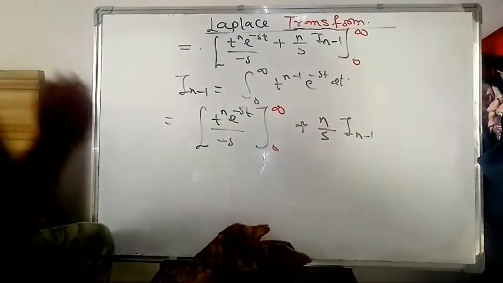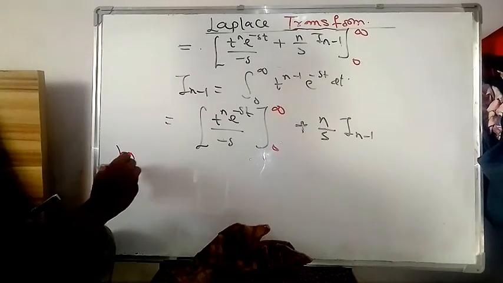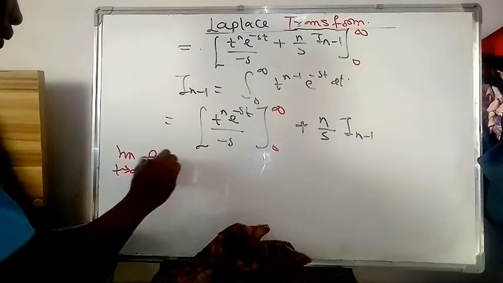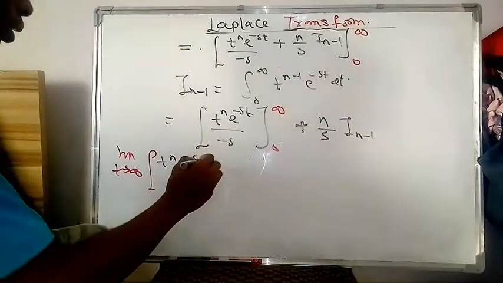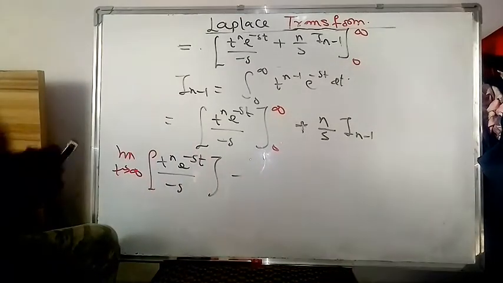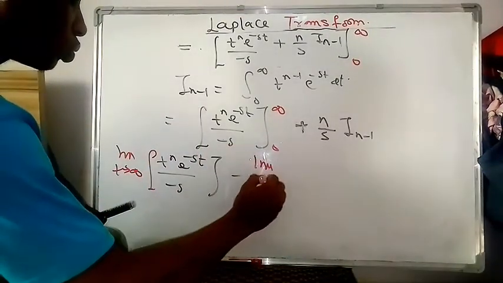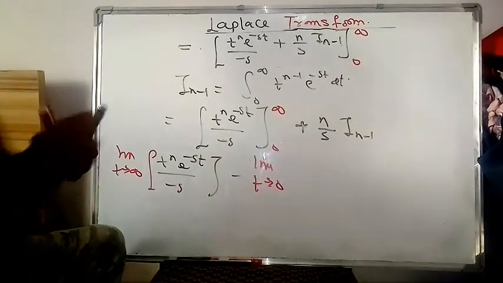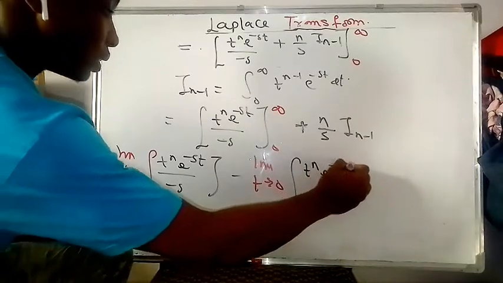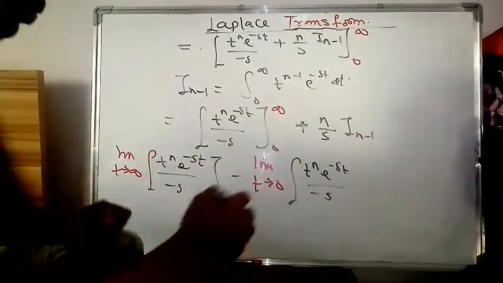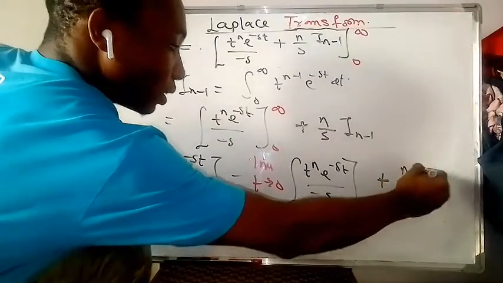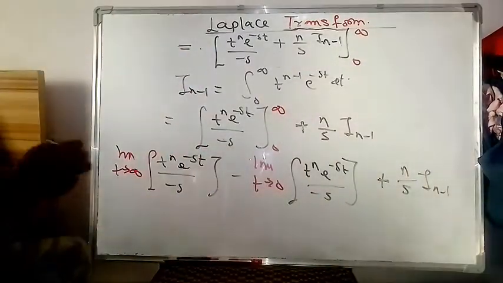The limit as t goes to infinity of t raised to power n, exponential minus st divided by minus s, minus the limit as t goes to 0 of t raised to power n, exponential minus st divided by minus s, plus n divided by s, I n minus 1.